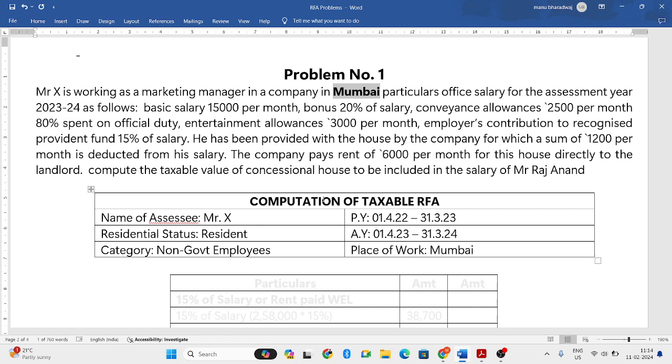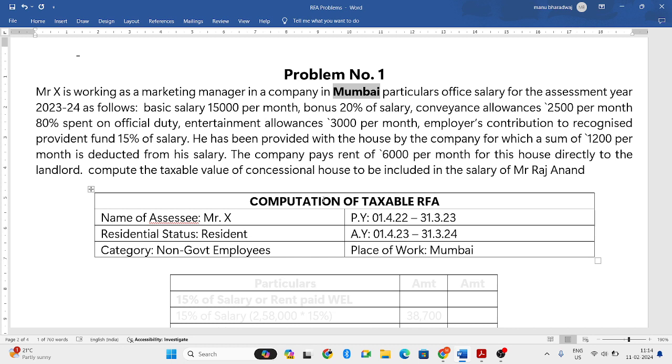So in this 2,500, 80% he is spending on official duty. Next, entertainment allowances, 3,000 per month. Employer's contribution to recognized provident fund RPF, it is 15,000 of the salary he is contributing.